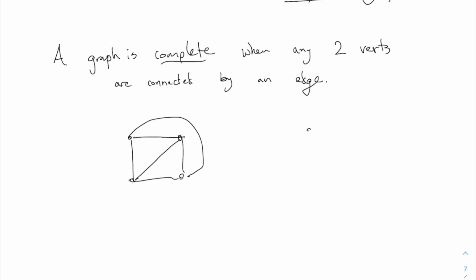Or something like, here's a simpler one. Something like that, right? That's a complete graph because every 2 vertices have an edge between them. This is a complete graph of 4 vertices. This is a complete graph of 3 vertices.